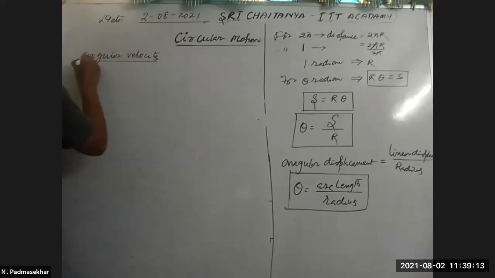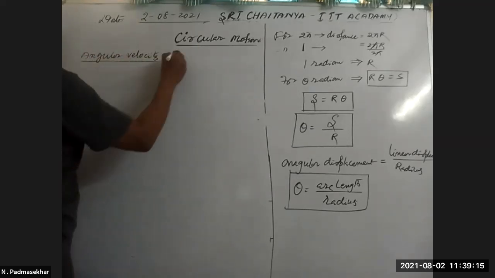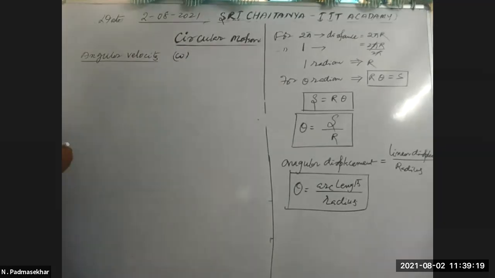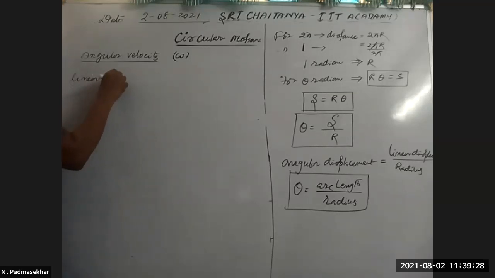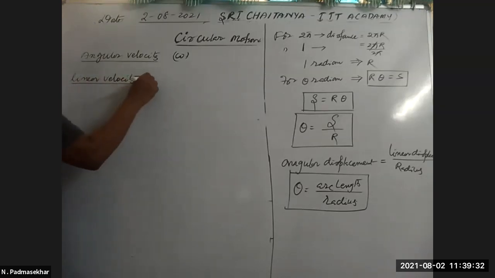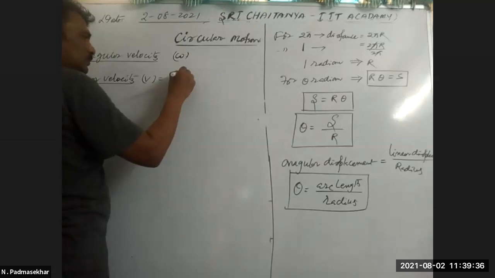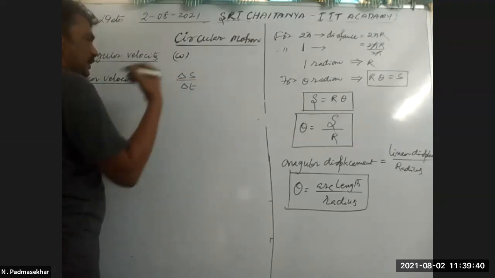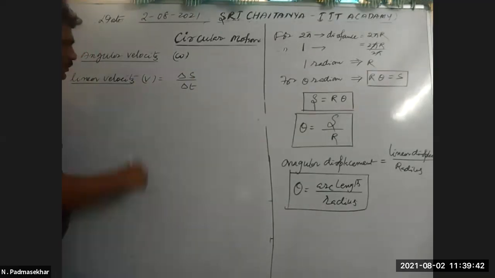Another one, angular velocity, that is omega. Angular velocity is omega. So you know linear velocity v is equal to delta s by delta t.